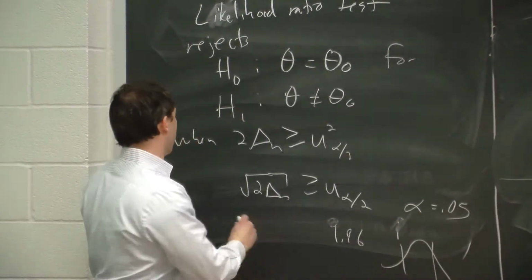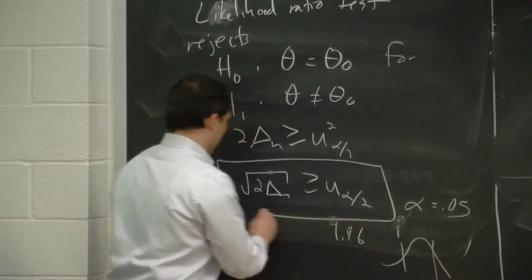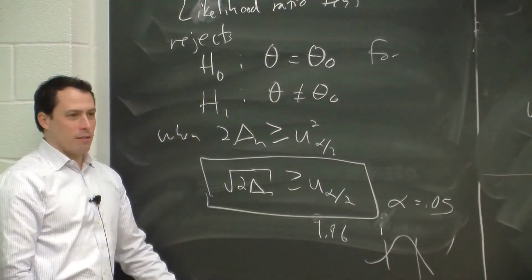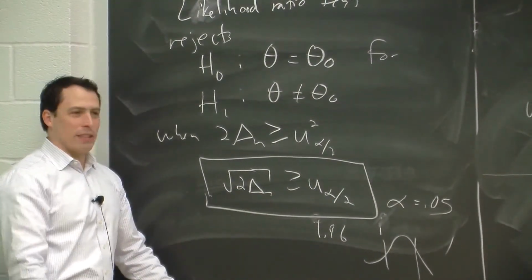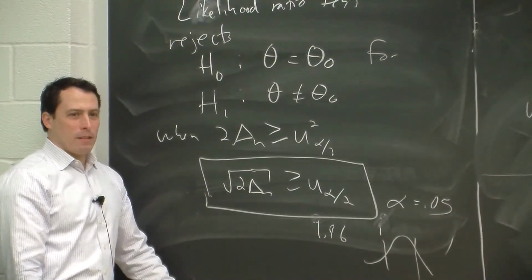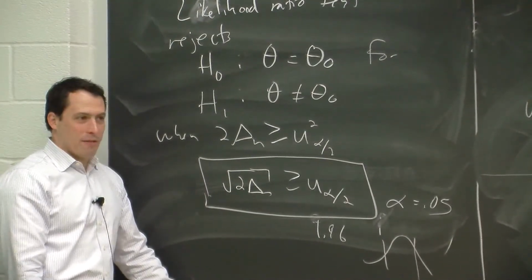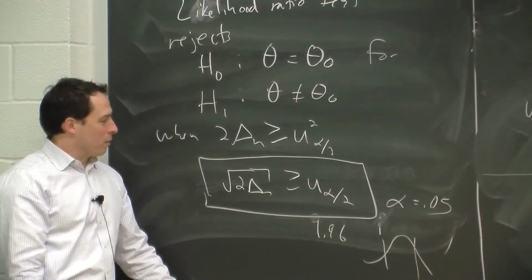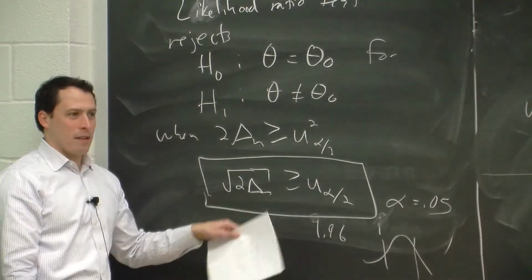So say this is my criteria, right? I want this number to be smaller than that. I'm trying to create a confidence interval, say. So how do I decide which parameter values fit that? Which parameter values, what's my upper and lower bound from this?